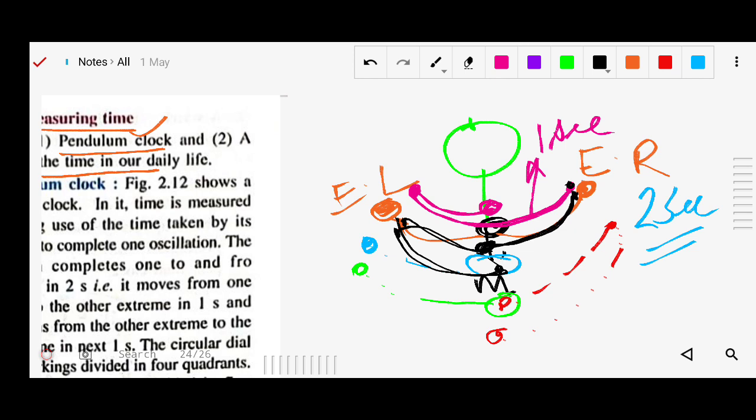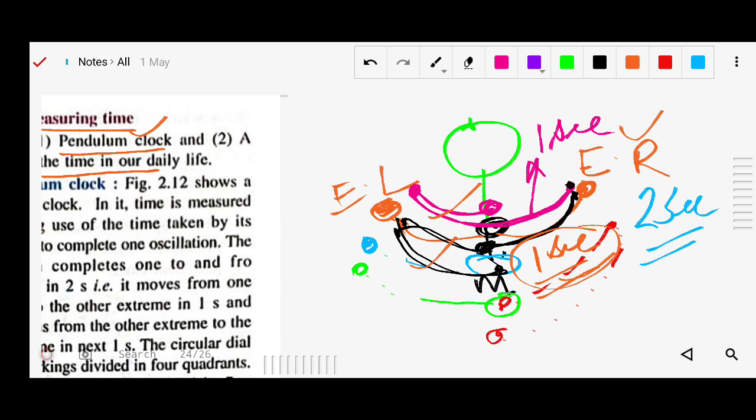If you combine these two, this is one oscillation. So this is 1 second plus 1 second, that is 2 seconds. Those 2 seconds mean one oscillation, and that is what pendulums do.